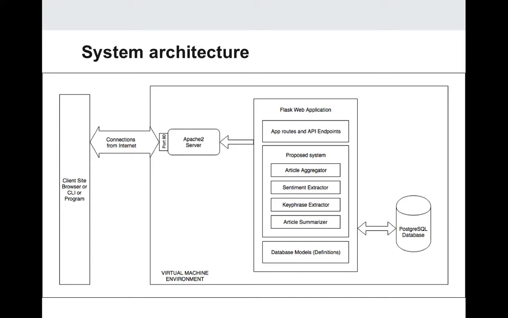All this data is stored in a Postgres database, which has been defined by the database models using object-oriented methods that is facilitated by Flask SQL Alchemy, a library. This whole web application is served to the internet via an Apache 2 server on port 80.